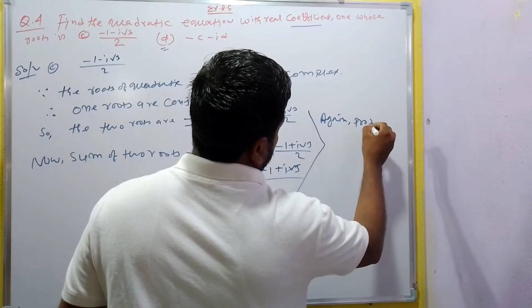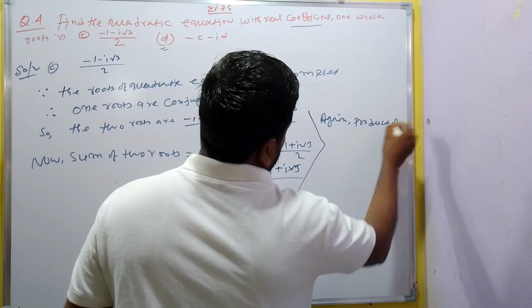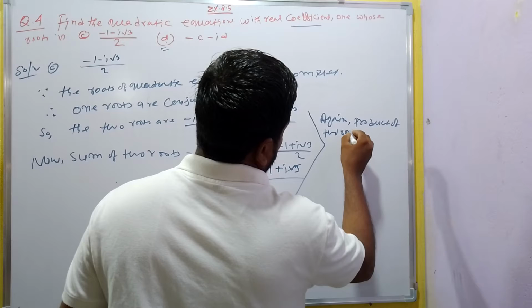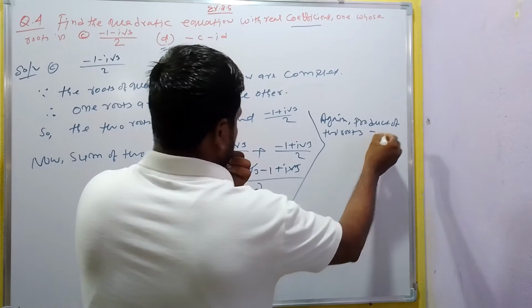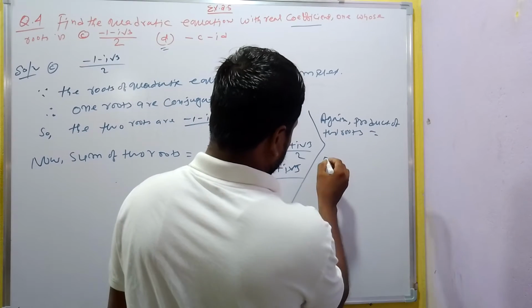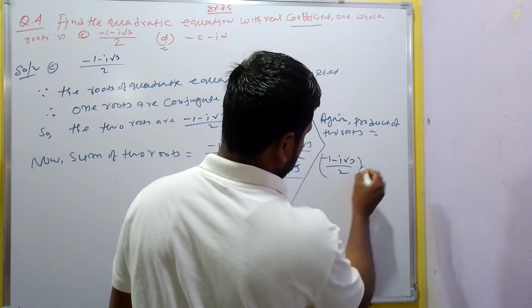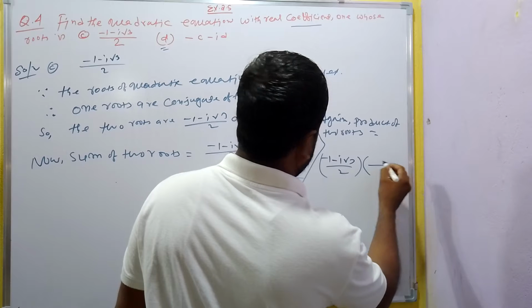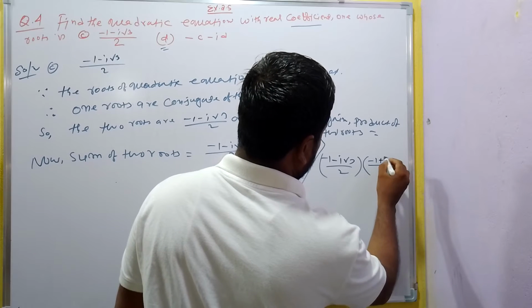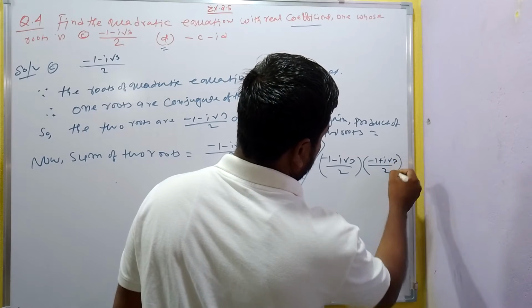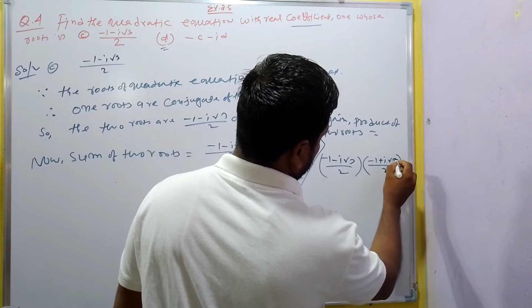Again, the product of the two roots equals (-1 - i√3)/2 times (-1 + i√3)/2.